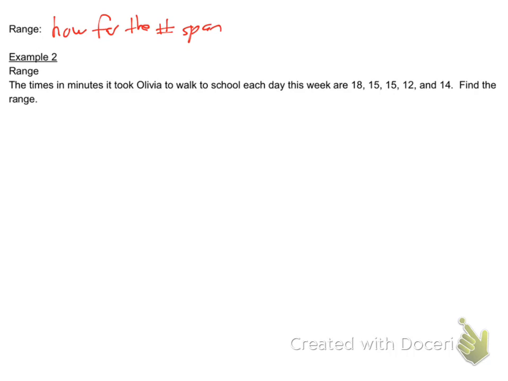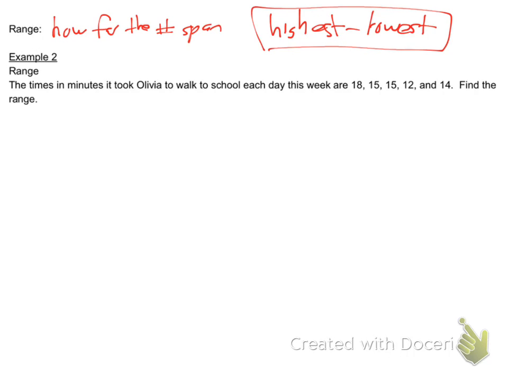How do I find the range? Sydney. It's the highest number minus the lowest number. Highest minus lowest. That is the range right there. Take the highest number, or I want to say last number in when it's in order, minus the first number when it's in order. You will have the range.